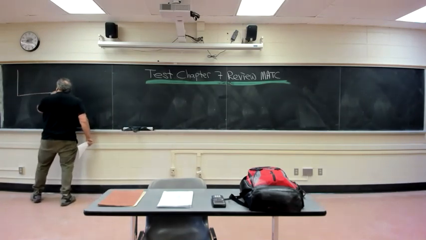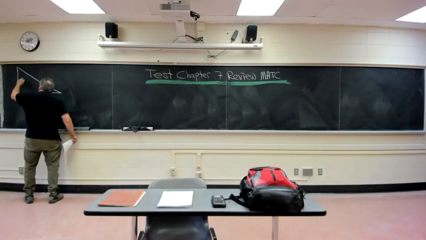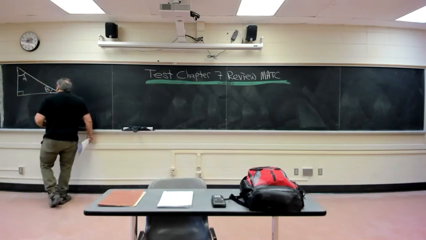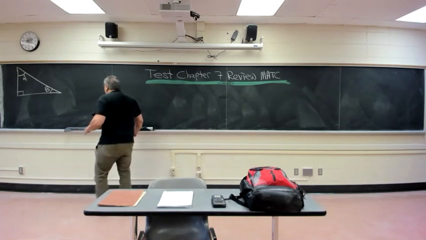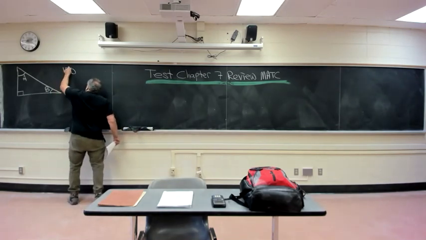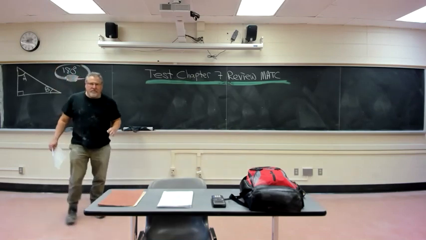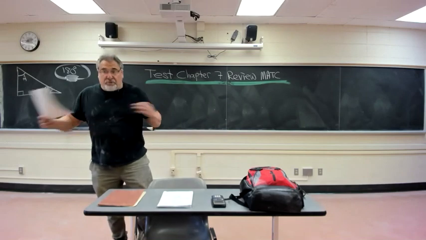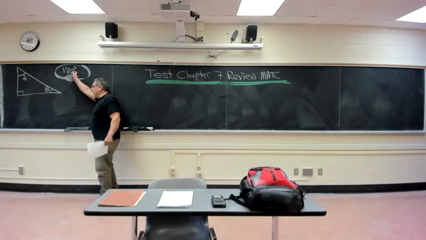Let me keep going a little bit. If you've got, let's say, a right triangle, or any triangle for that matter, but let's say this is angle capital A, this is a 90-degree angle, this is angle capital B. For any triangle whatsoever, the sum of all three angles, whether it's a right triangle, acute triangle, obtuse triangle, any triangle in the universe of triangles, is 180 degrees.